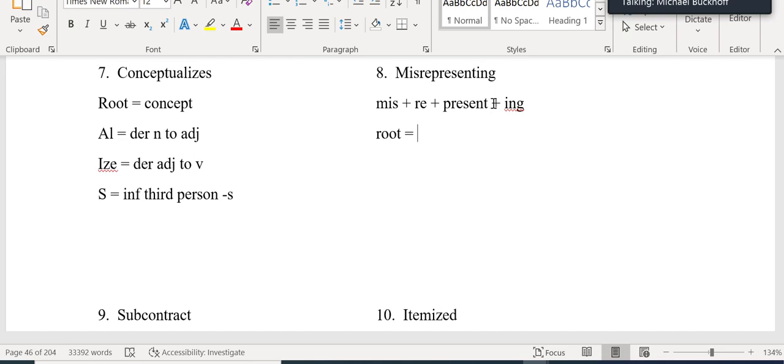Root equals present. We have miss. We have re. Then we have ing, right? So we're trying to figure out these. So if we look at miss as in misrepresent, miss is derivational, changes meaning to what? Would it be like not? Good. Yeah, it's a negative meaning, definitely.